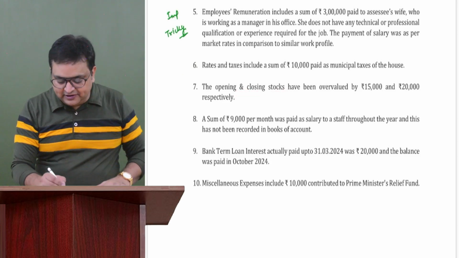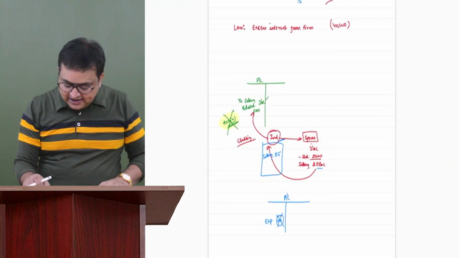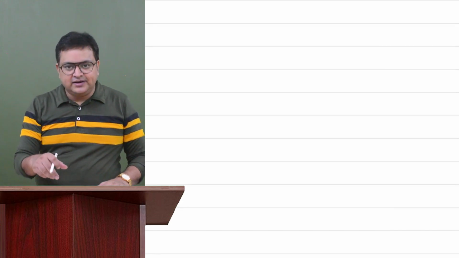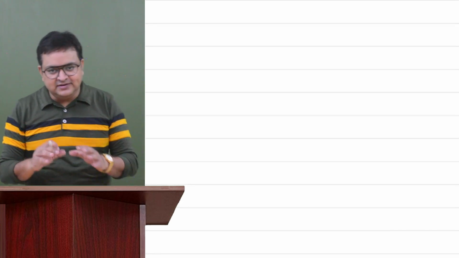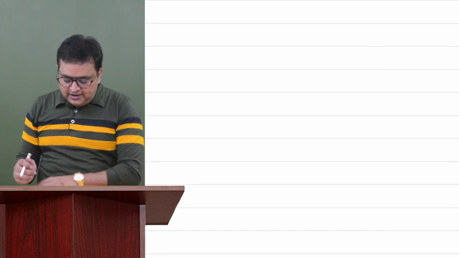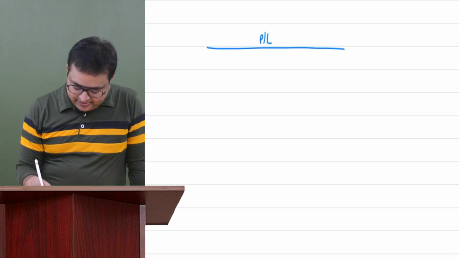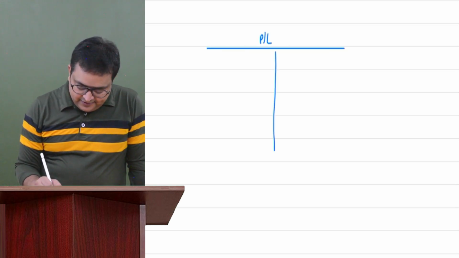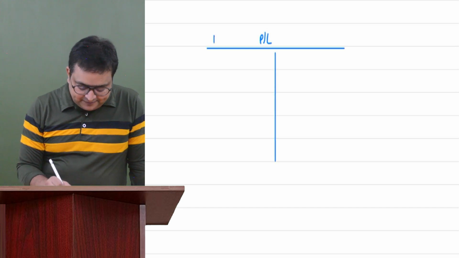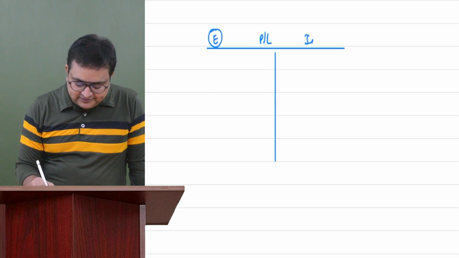Opening and closing stock adjustment. This is very, very easy. And I don't know why some students get themselves confused over it. But I'm telling you that this is very easy. Just apply your logic. I'm just making you revise this particular adjustment. See, just understand this. This is a P&L account. We have the expense side over here. We have the income side over here.